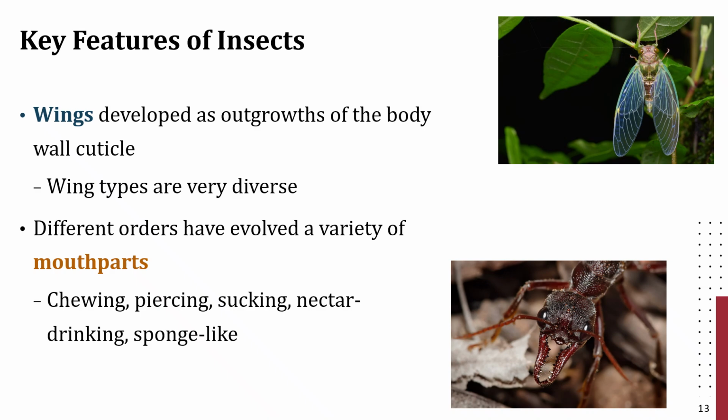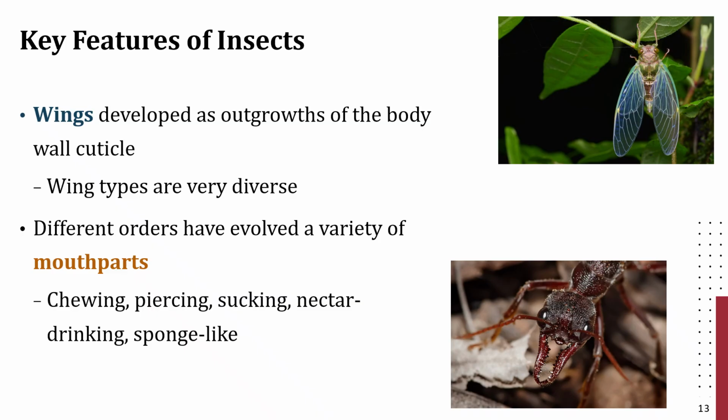So wings are a really fabulous adaptation, which is why we see it multiple times. We see it in insects, we see it in birds, and we see it in bats, because it allows animals to move to much further environments. So it allows them to look for food, new environments, new spaces to reproduce, things like that.